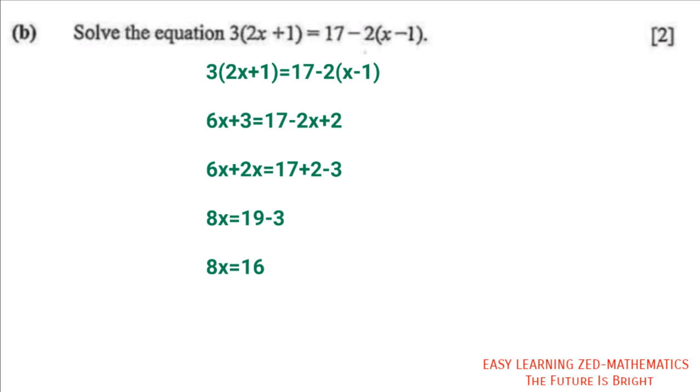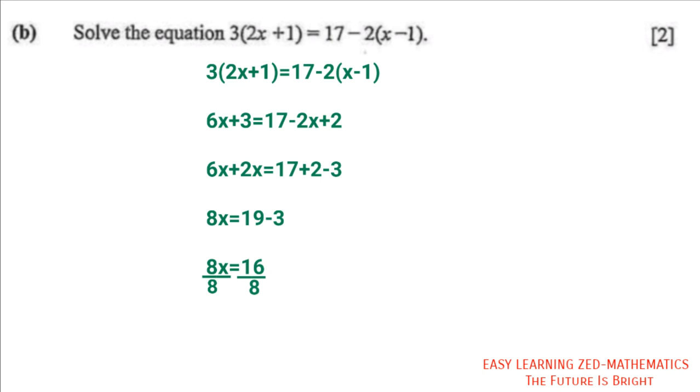Once I've done this, the next thing I'm going to do is divide both sides by 8. Why? I want to remain with the x alone on the left side of the equal sign. So 8x divided by 8 is equal to 16 divided by 8. The principle here is that when you divide a number on one side of the equal sign, you do the same thing on the other side.